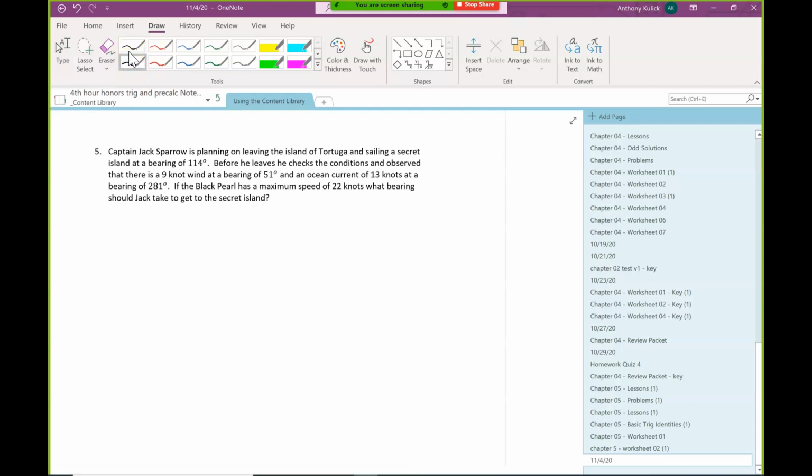Okay. So we have Jack plus wind plus current should end up at the island, right? So we know the speed is 22 knots, so this is the magnitude here.